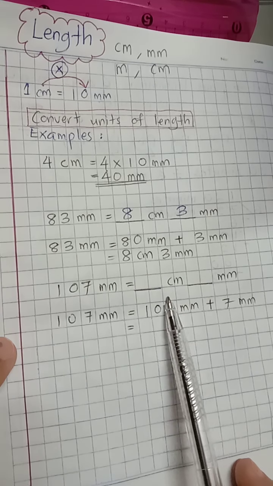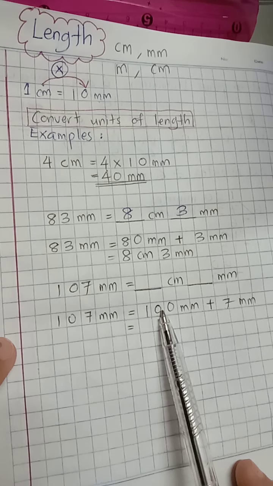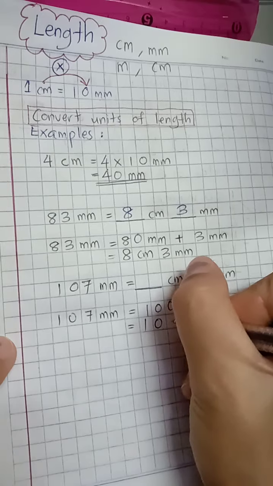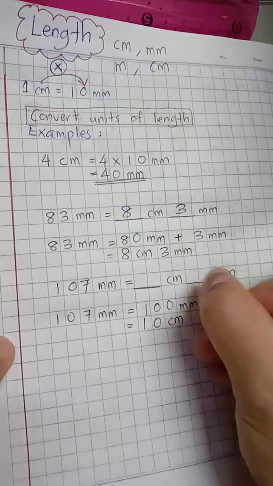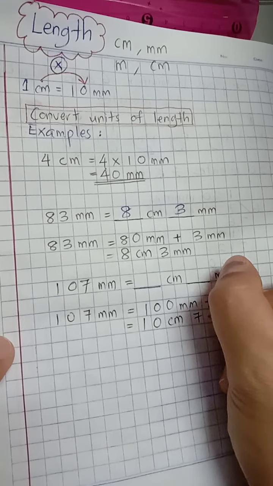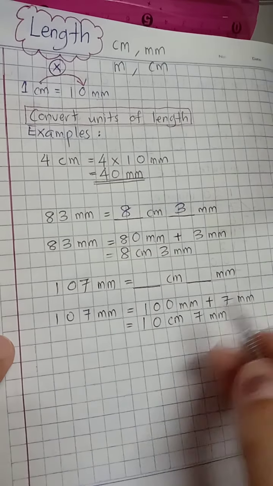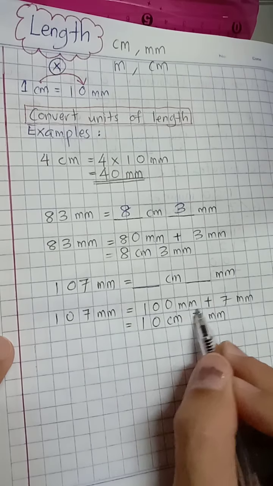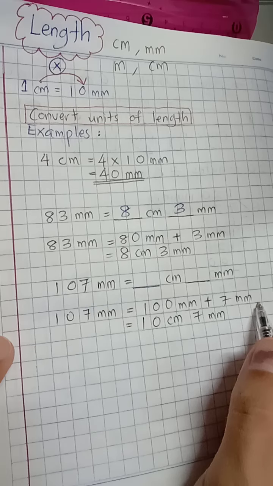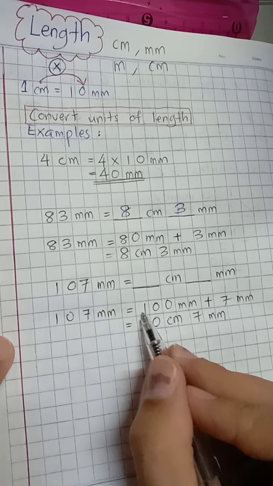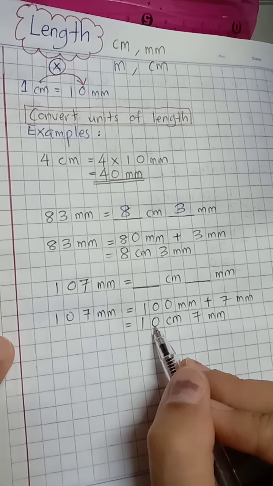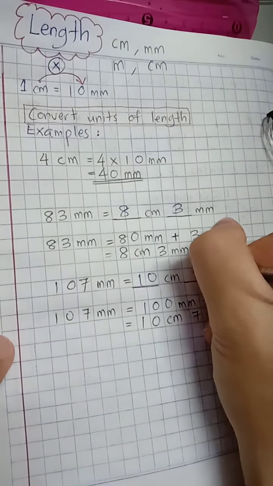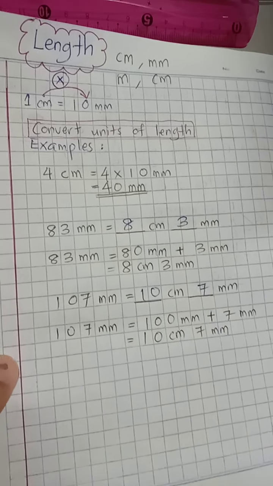So 100 millimeter, it should be 10 centimeter. And the extra here, just write it as 7 millimeter. So the only measurement that we change is this. We don't change this because it is less than 10 millimeter. So 100 millimeter is 10. So the answer for this is 10 centimeter and 7 millimeter. That's easy.